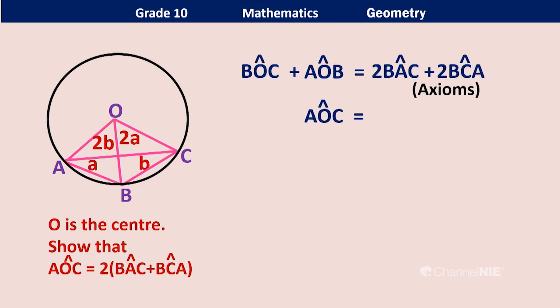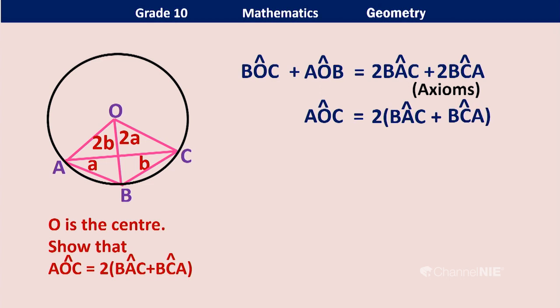Right. Now, when we consider angle BOC and angle AOB, I can say it's equal to the angle AOC. So, instead of angle BOC plus angle AOB, I can write angle AOC and then I have got 2 in common, 2 into angle BAC plus angle BCA.